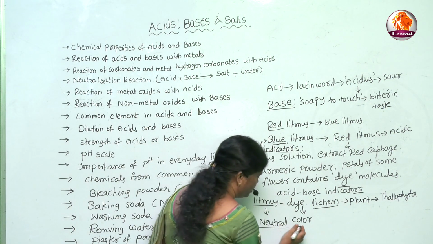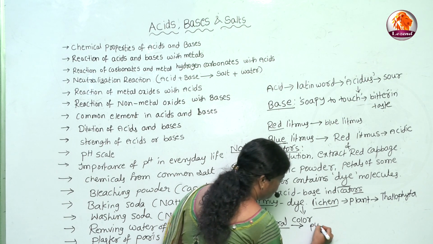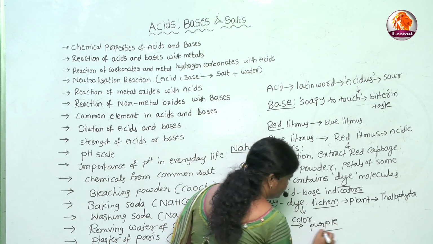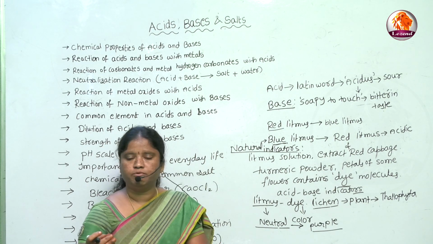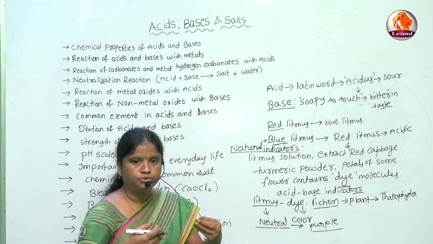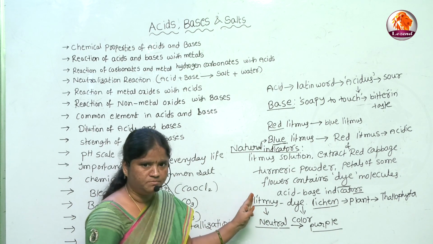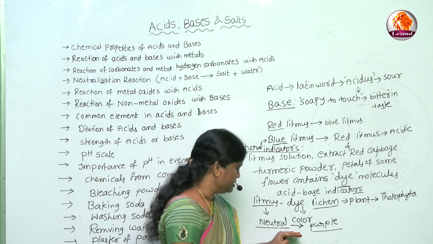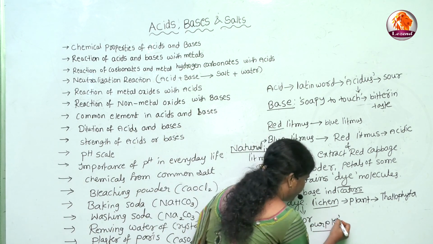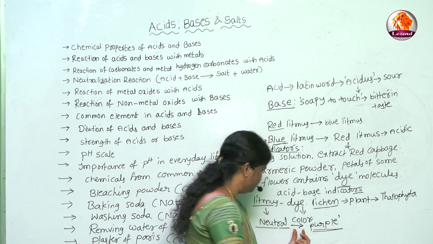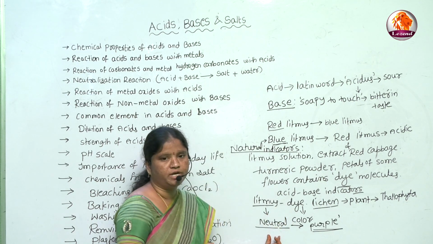This litmus in neutral solution shows the color purple. When we want to identify whether a substance is acidic, basic or neutral, we use the litmus solution. In a neutral solution, which color does the litmus show? Purple color.